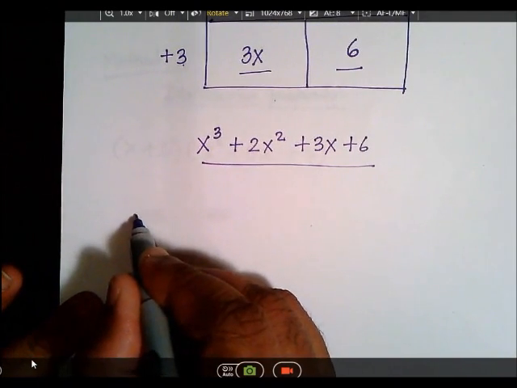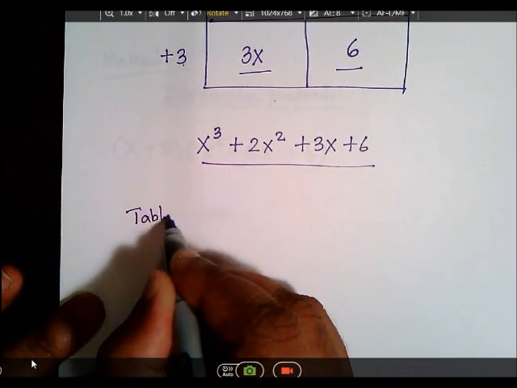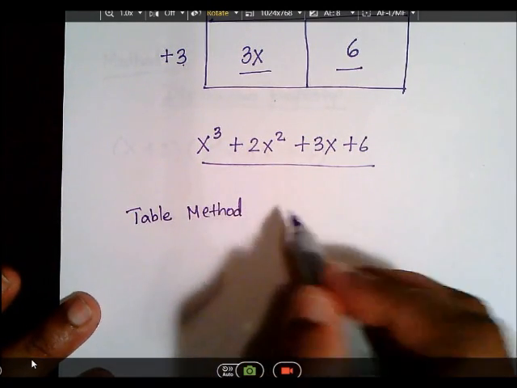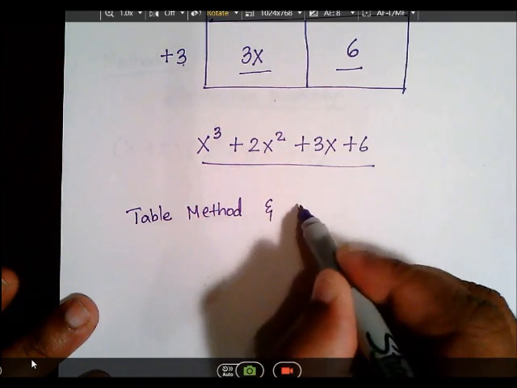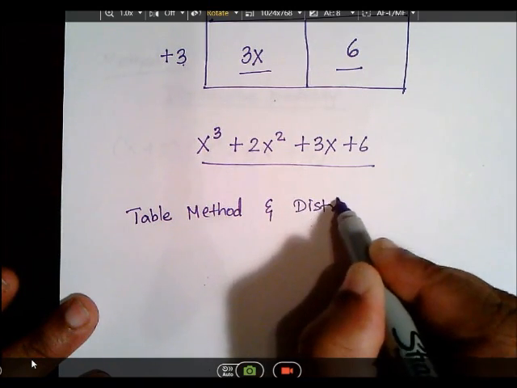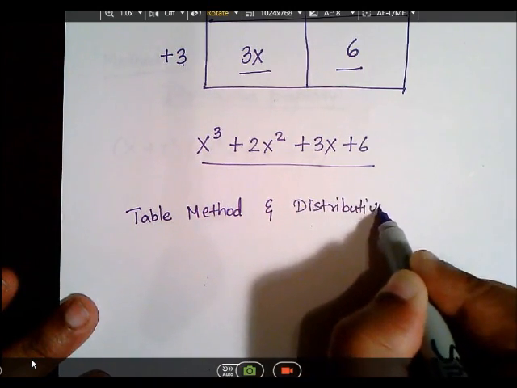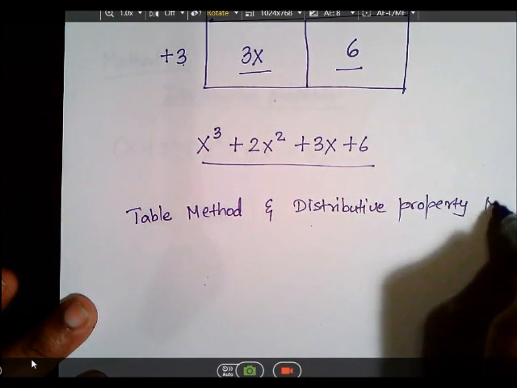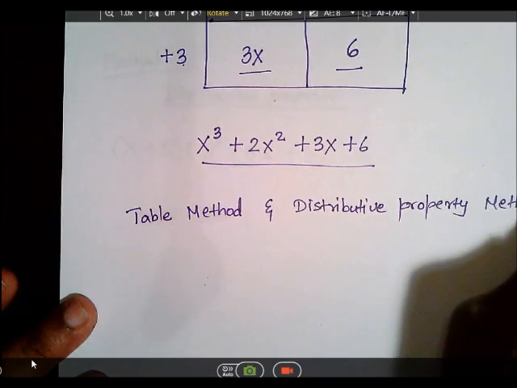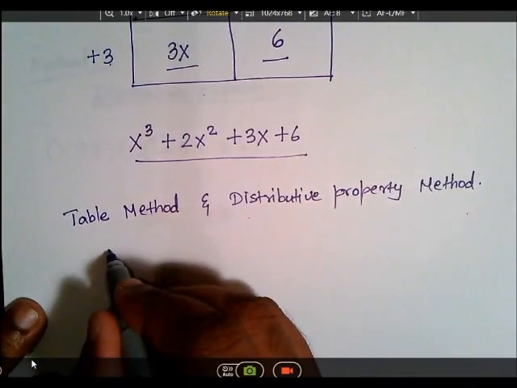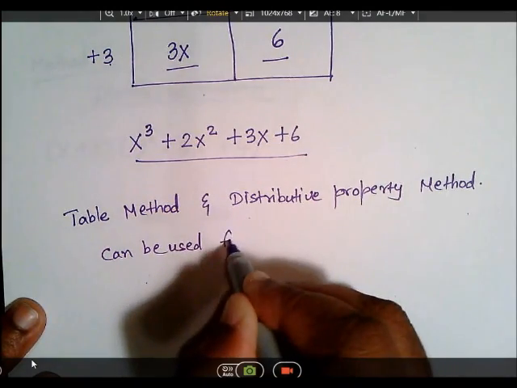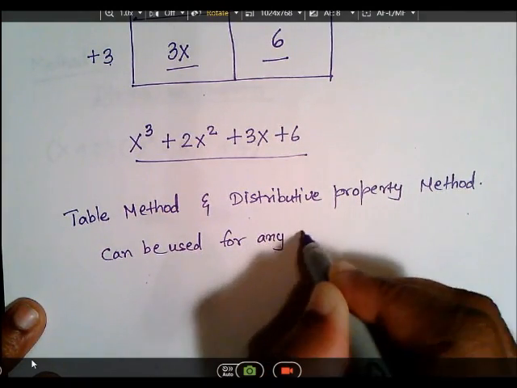So the table method and the distributive property method you can use for any polynomial multiplication.